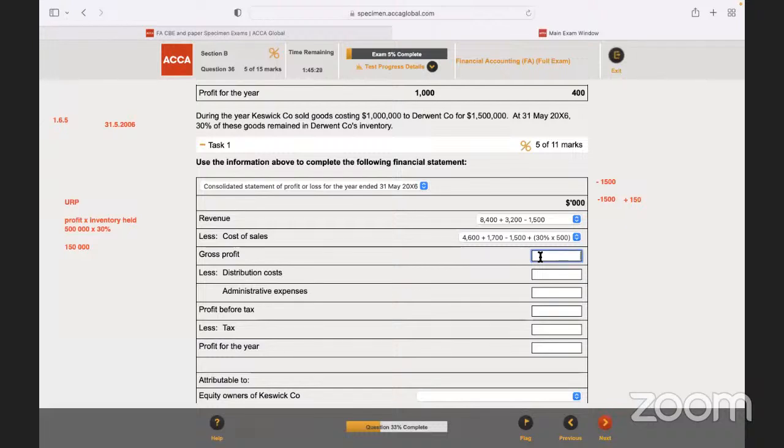So first let me get the cost of sale answer. 4,600 plus 1,700 minus 1,500 plus 150. So 4,950. So 8,400 plus 3,200 minus 1,500 minus 4,950. So guys, I am getting 5,150 as my gross profit. Okay, 5,150.